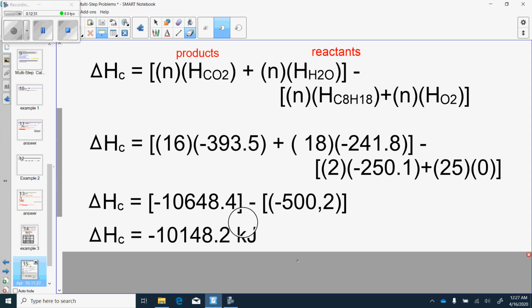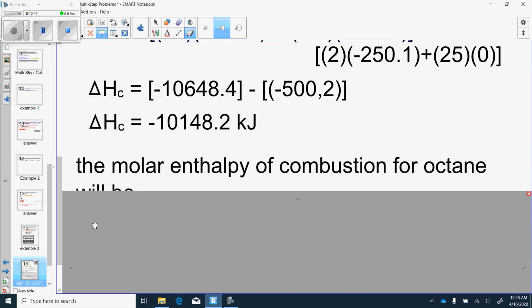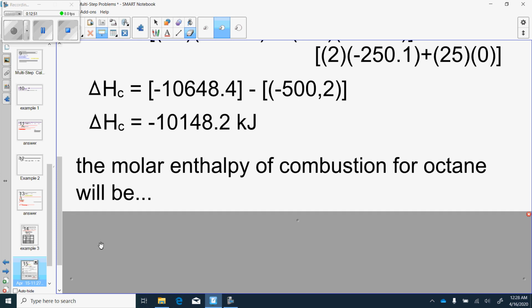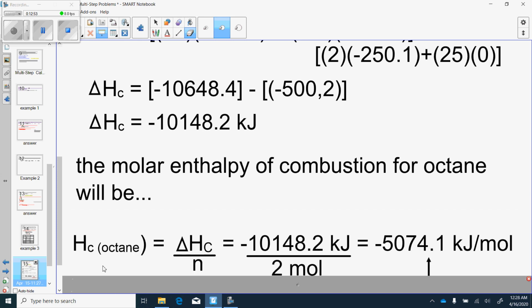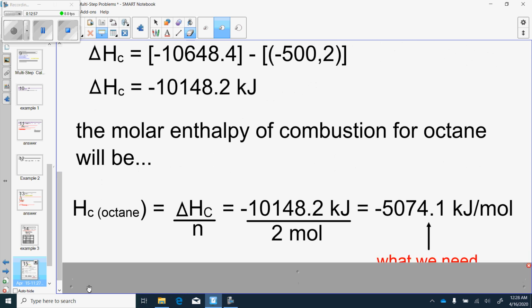So we have a total enthalpy here, but we want the molar enthalpy. You can't get molar enthalpy without total enthalpy, so we had to go and find the total enthalpy first, and then it's really quick because if you're looking for your molar enthalpy, you just have to divide by your moles.